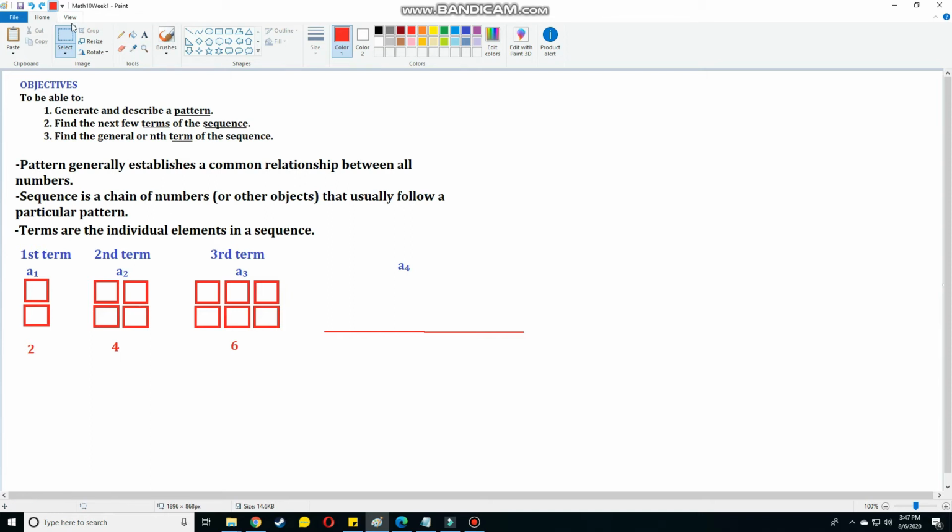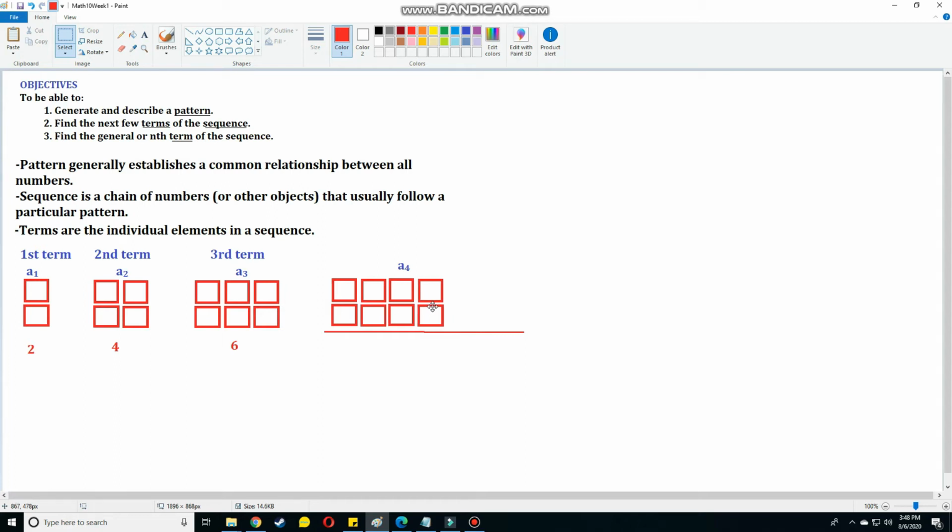Okay, so based on our earlier discussion, the pattern here would be 2 boxes, 4 boxes, 6 boxes. There is an addition of 2 boxes in every next term, right? So definitely we could say on the fourth term, we would have how many boxes? We would have 8 boxes. Why 8 boxes?